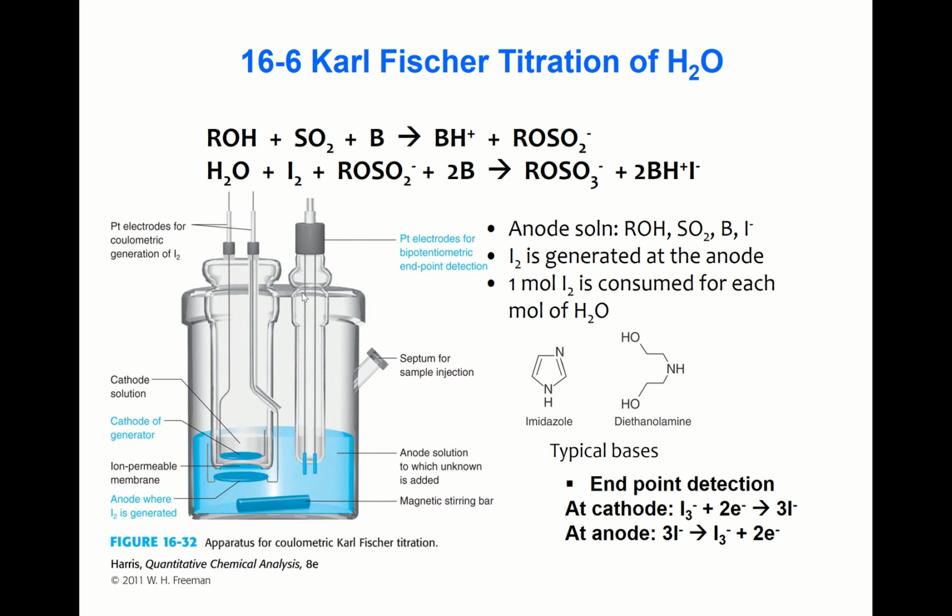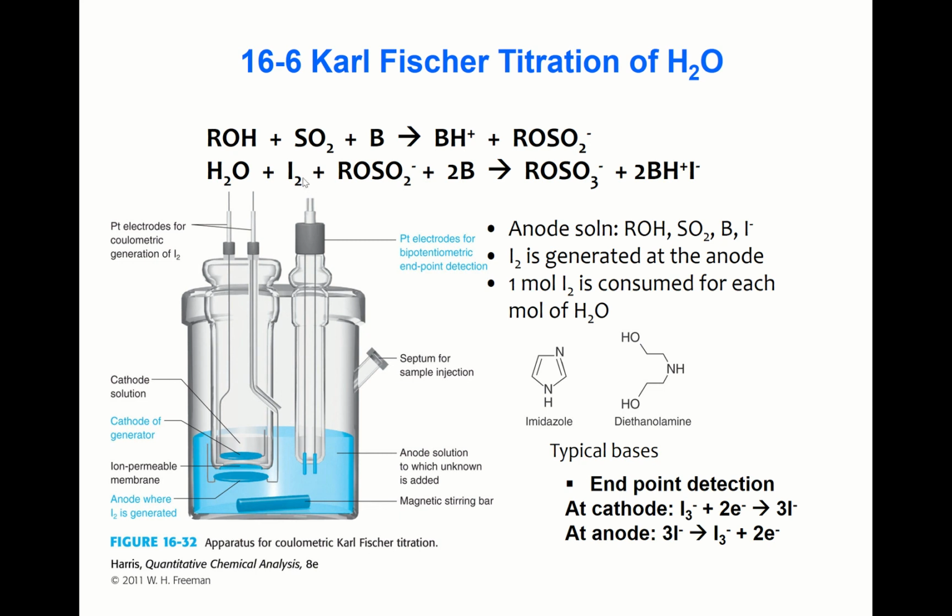So here is the end point detection reaction. There are also two electrodes. One is anode and one is cathode. At the cathode, the generated iodine, but actually there is iodide, so the triiodide is there. Triiodide is reduced to iodide, and then at the anode, iodide is oxidized to triiodide. So after all the water molecules are reacted to iodine, this anode still generates iodine because this solution contains iodide.